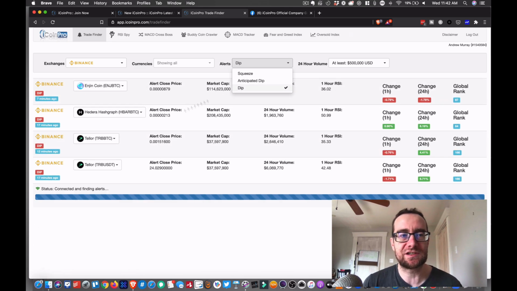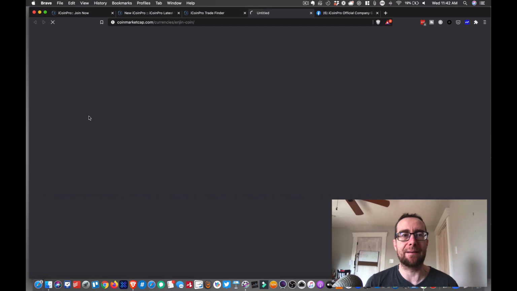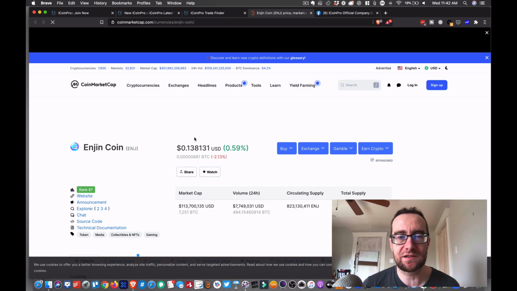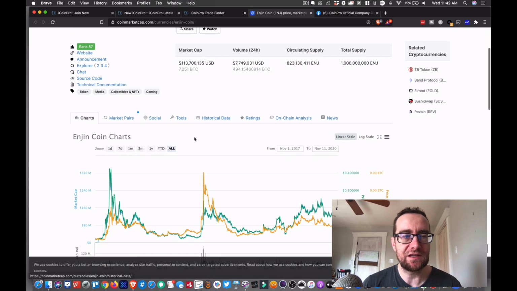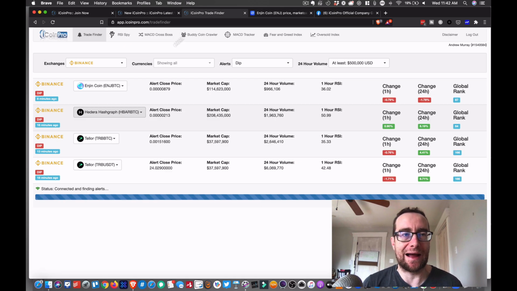You can just see what is dipping right now, and then you can take a look at the chart, either on Binance, TradingView, or CoinMarketCap, right? It's going to take you right to the coin, so you can see the chart exactly how it is right now.